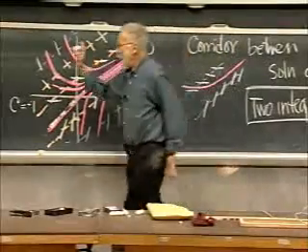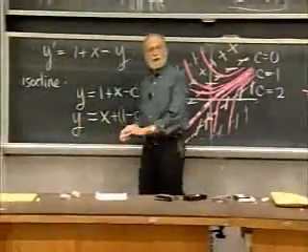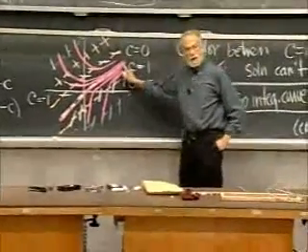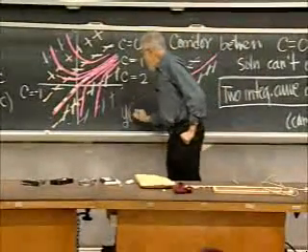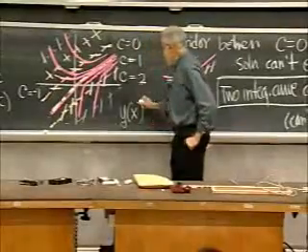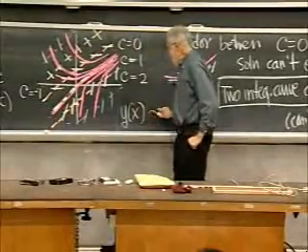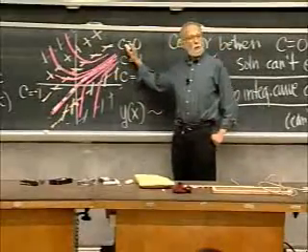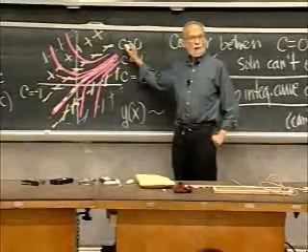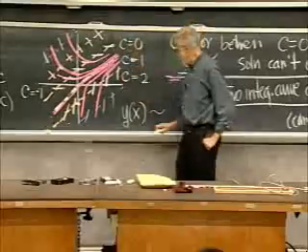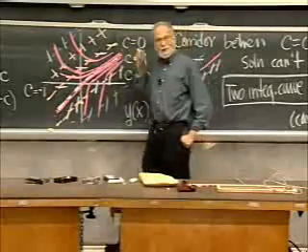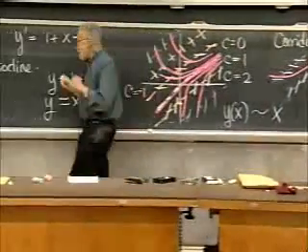And therefore, without solving the differential equation, it's clear that all of these solutions, how do they behave? As x goes to infinity, they become asymptotic to, they become closer and closer to the solution y equals x. Is y equals x a solution? Yeah, because it's an integral curve. Is it a solution?